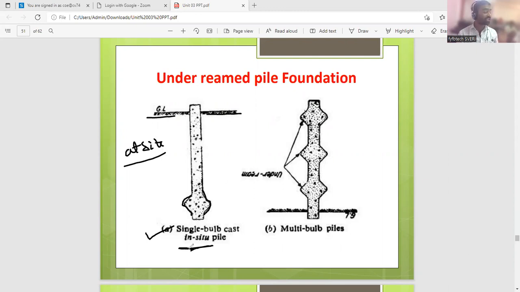That's why it is called cast in situ. Next, how many bulbs are there in this one? There are 3. So 3 under-reamed bulbs. That's why it's called multiple bulb piles. Is it clear, all of you? Yes, sir. Yes.